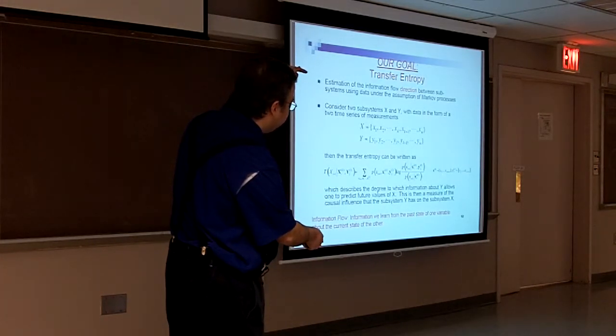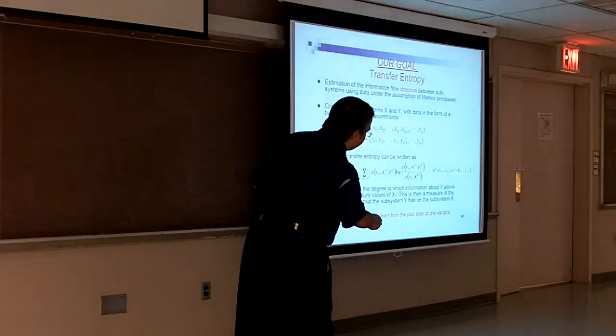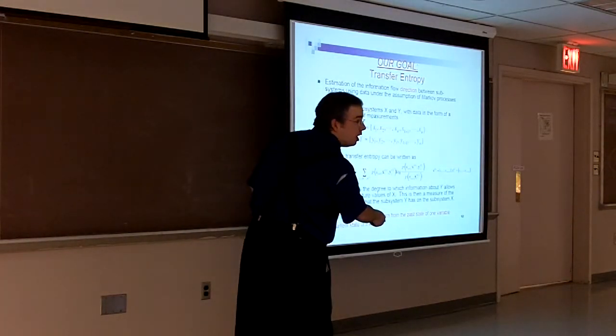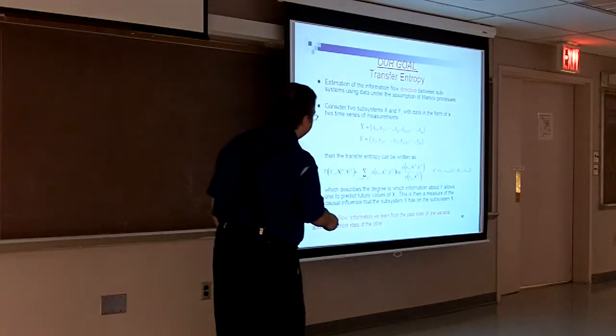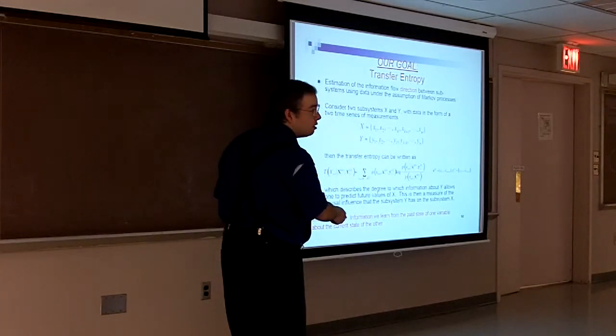This notation, please pay particular attention to this one. Here it is defined. It starts from i, and it includes k past values, and y includes its current value and its past L values. So what this equation tells us is the future x value conditioned on its past k values and the other variable's past L values.